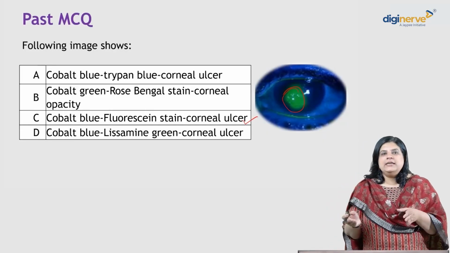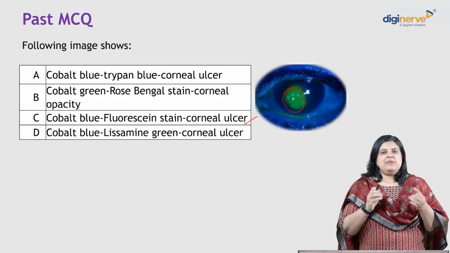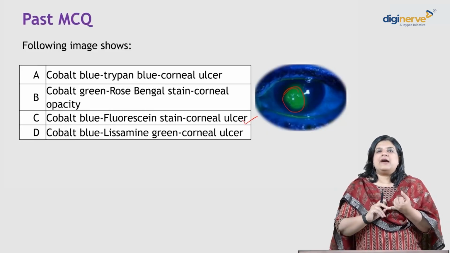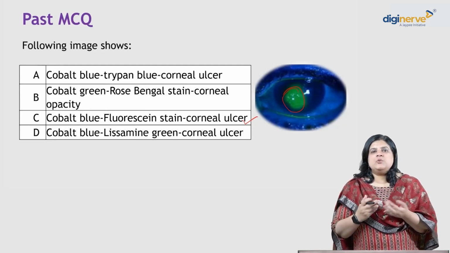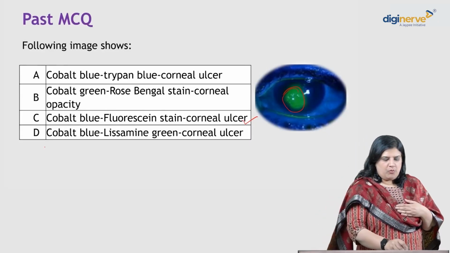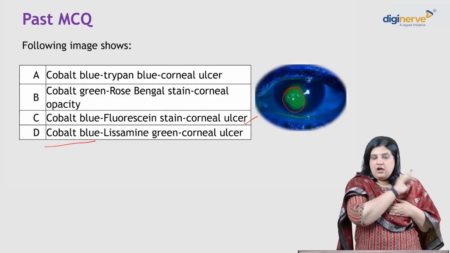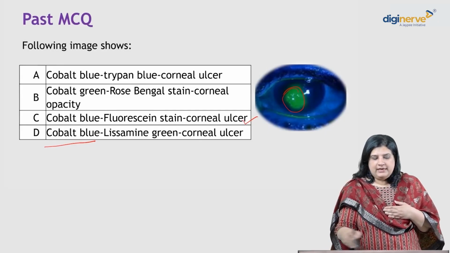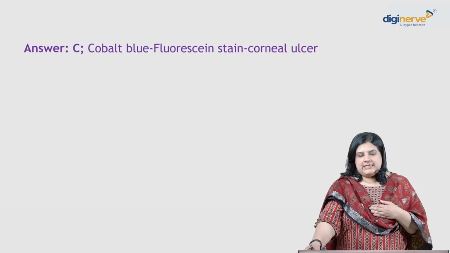This is the third time we got a similar question, and that really makes us think that it's very important to read up on the vital staining of the cornea and the conjunctiva to be able to answer any questions related to it. So we know this is blue light, so cobalt blue. We know lissamine green stains the conjunctiva, not the cornea, and fluorescein stains the cornea green. So the answer is C. Cobalt blue fluorescein stained corneal ulcer.